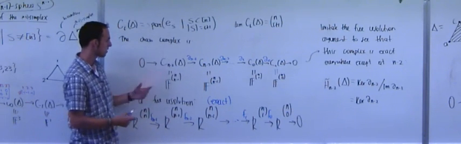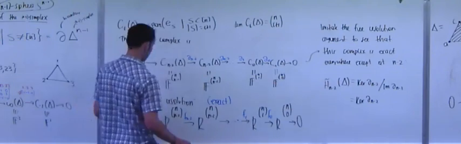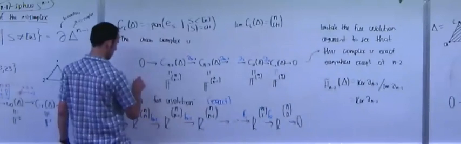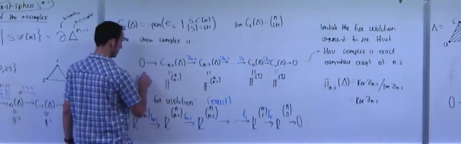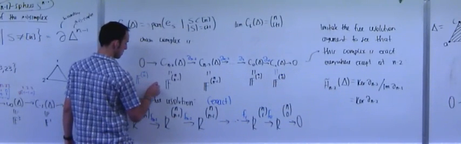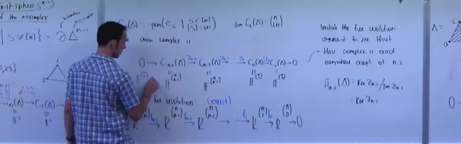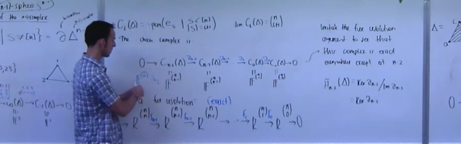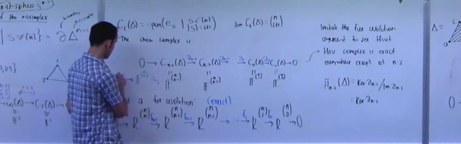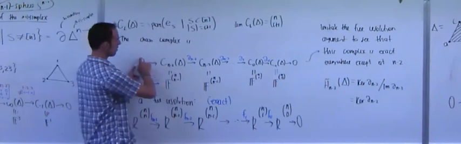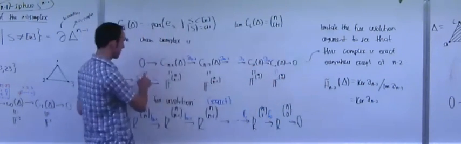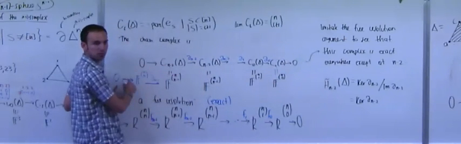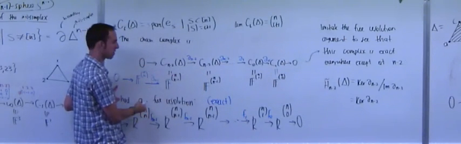And so what I would say here is that basically, if instead of taking my real chain complex, I take this other chain complex, then that other chain complex is going to be exact by the same proof as why this one was exact.